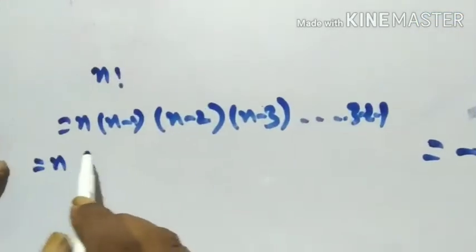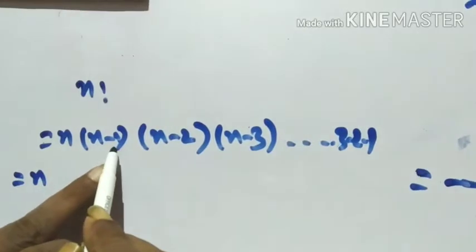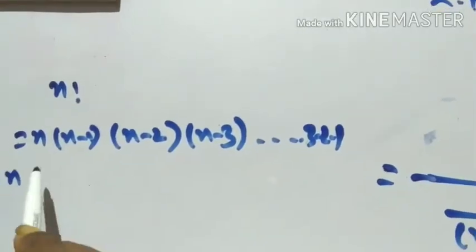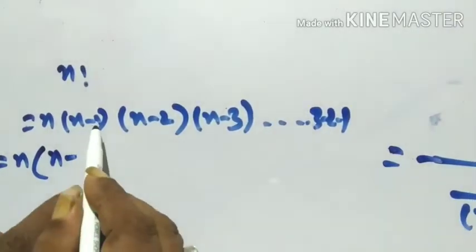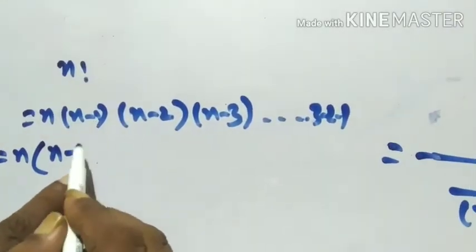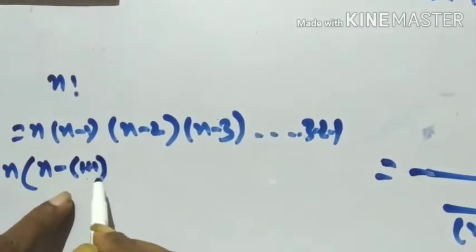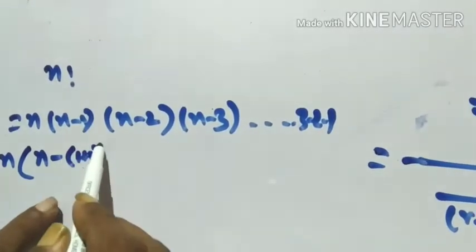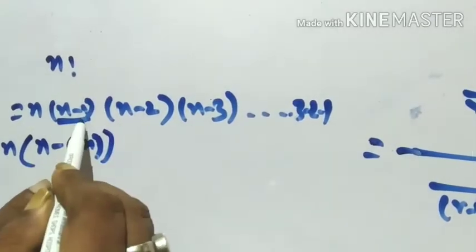We find that if you increase the second term by 1, the whole result reduces by 1. That means this whole will become less than this.